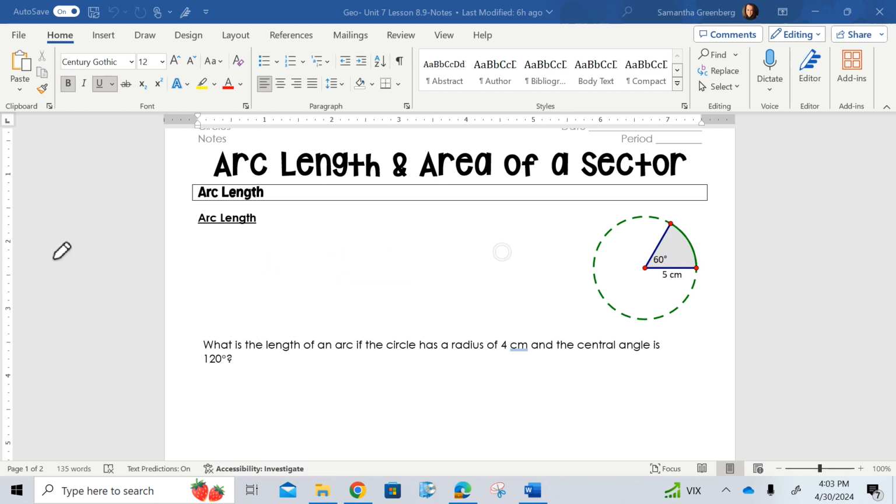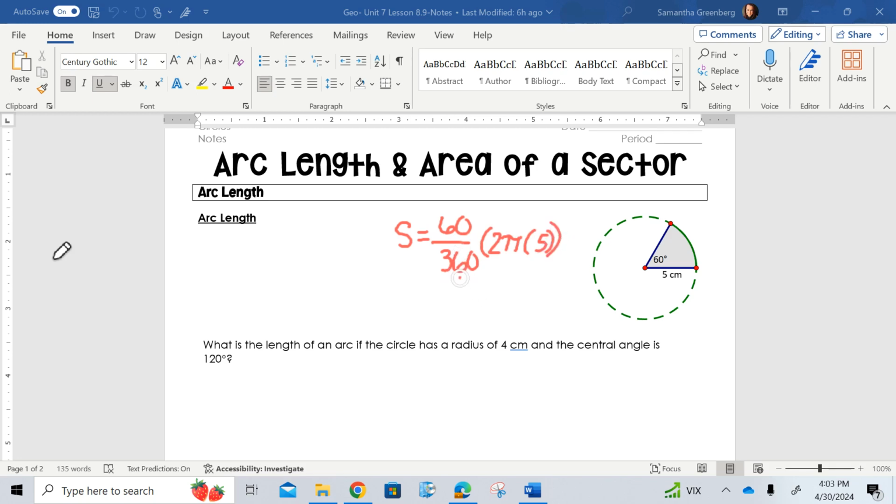Now, with this question here, our 60 is our central angle, our radius is 5, and we are looking for our arc length. So arc length is S equals 60 out of 360 times 2 pi times 5.